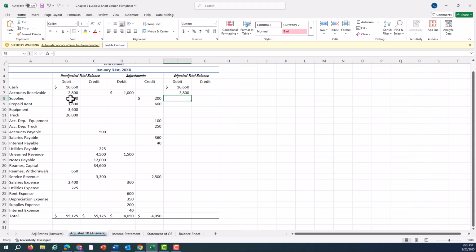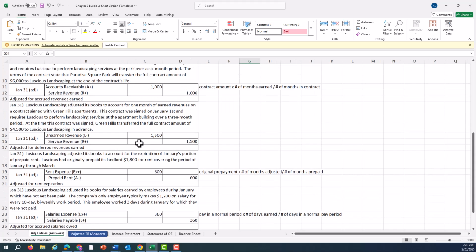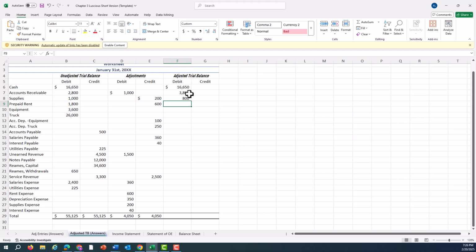So when things are on different sides, what you do is you keep the balance on the same side it was in the unadjusted trial balance, but you find the difference between the two. We had a $1,000 balance. We adjusted it down by $200. We now have an $800 balance, which going back at our entries makes a lot of sense because in that entry for supplies, we had $800 of supplies on hand, and now we've adjusted our balance so that the balance of that account is equal to what we actually have on hand.